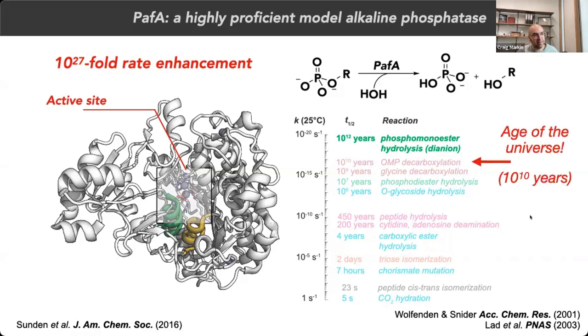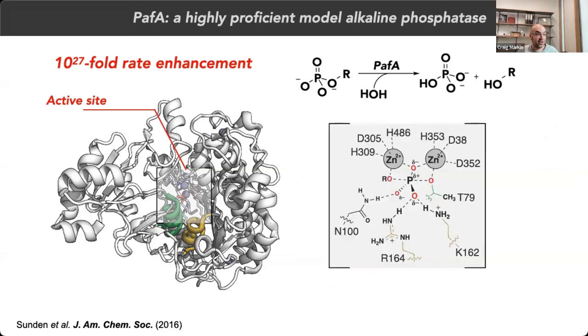And so just to belabor the point, it's actually such a good catalyst with this 10 to the 27-fold rate enhancement that the reaction it catalyzes, phosphomonoester hydrolysis, would actually take longer than the lifetime of the universe to occur spontaneously. So it's just a really powerful enzyme. And so shown here is a schematic of the transition state of the reaction.